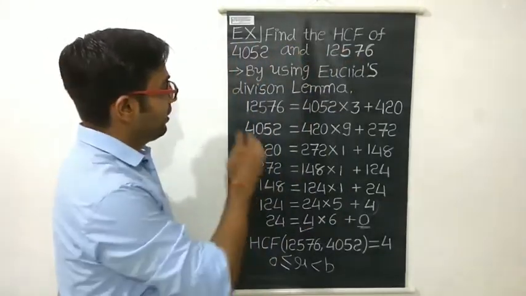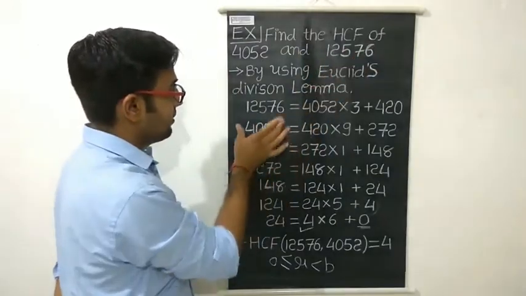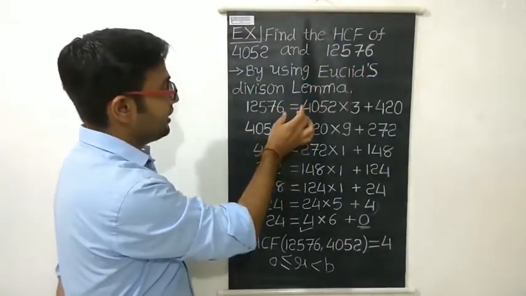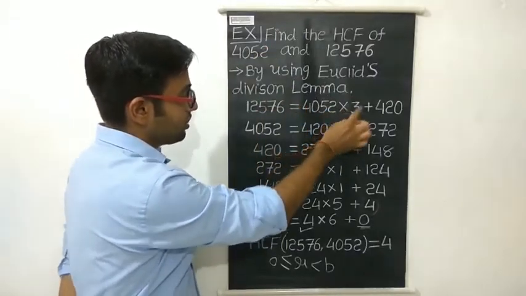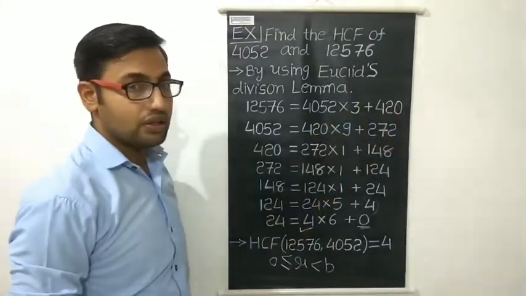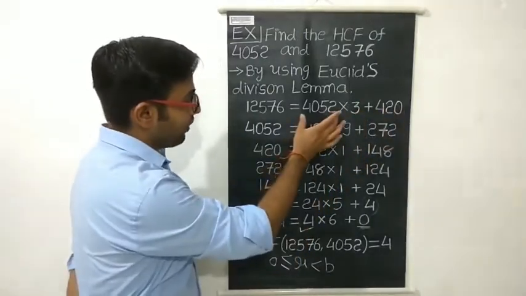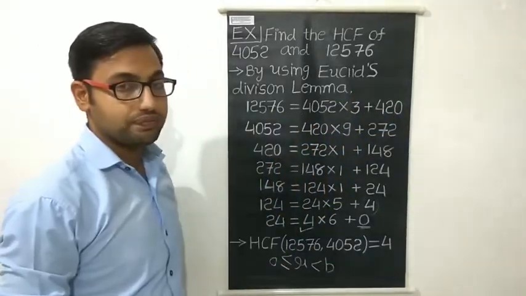Right? So according to the Euclid's division lemma, 12,576, we can write it as, when we divide by 4052, we get the quotient 3 and 420 as a remainder. So we can say that 4052 goes 3 times and gives the remainder 420.